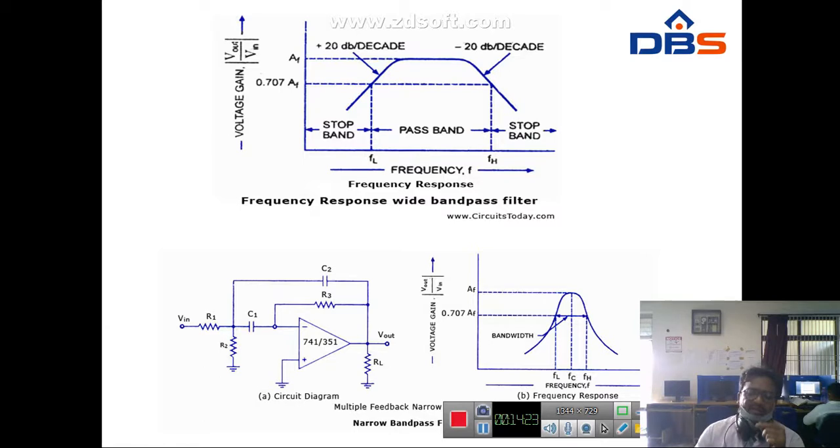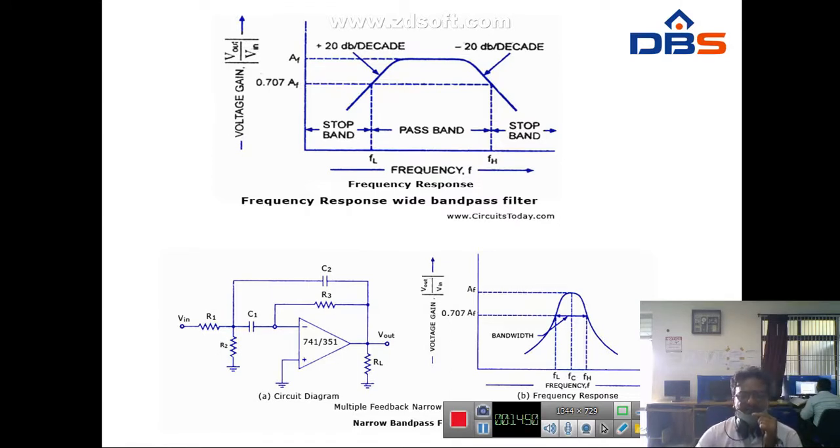The narrow band pass is also called a multiple feedback filter. This op amp should be used in inverting mode, whereas the low pass filter, the high pass filter and the wide band pass filter we discussed are all used in non-inverting mode.